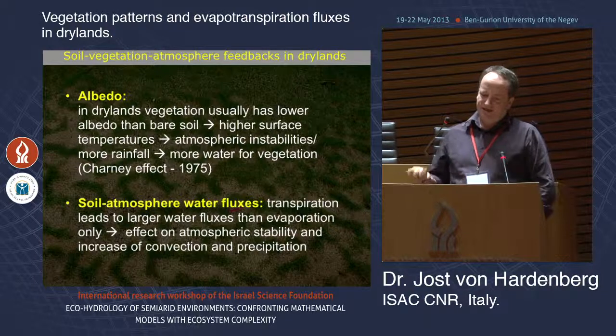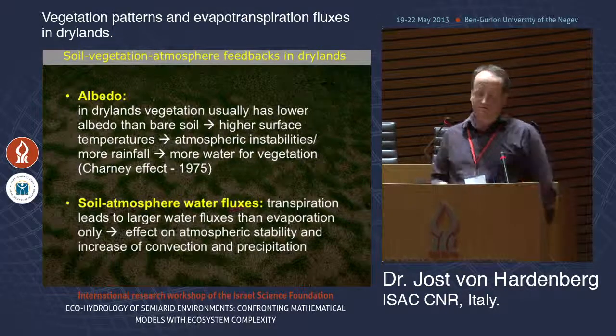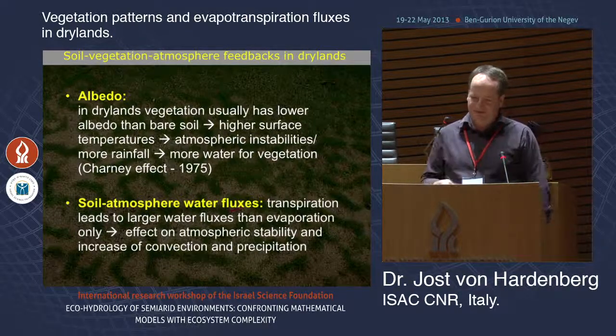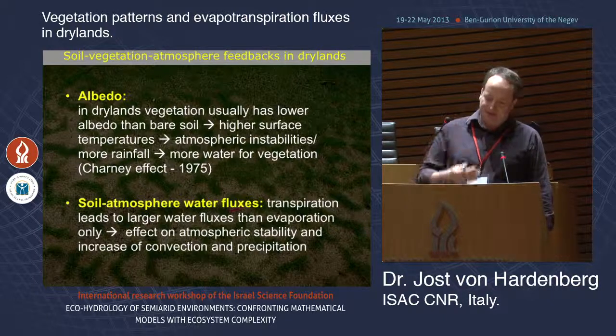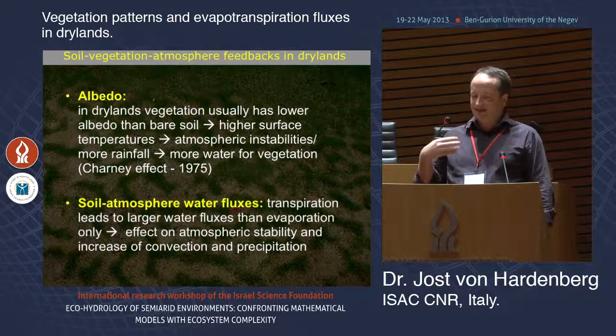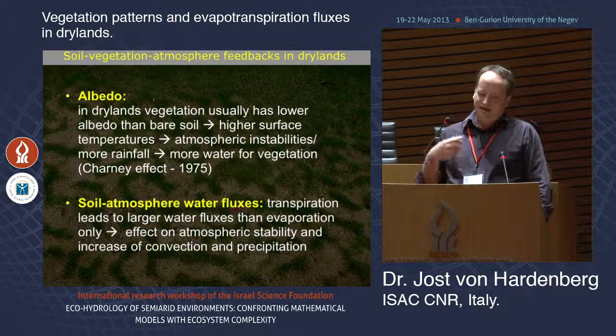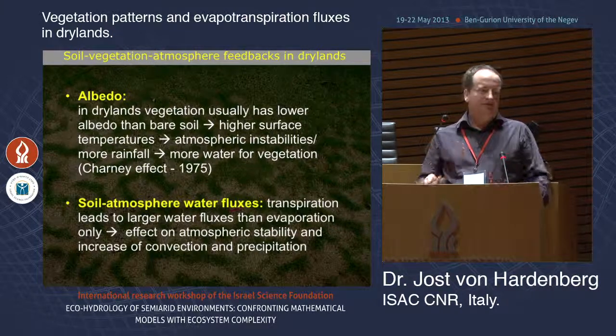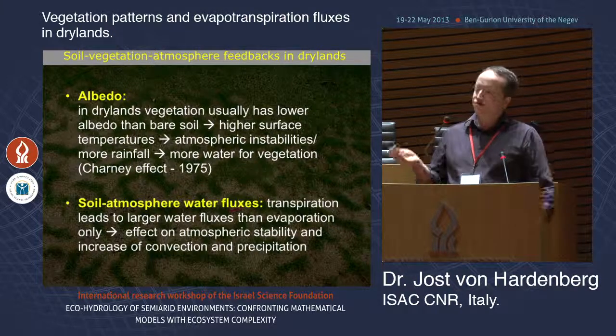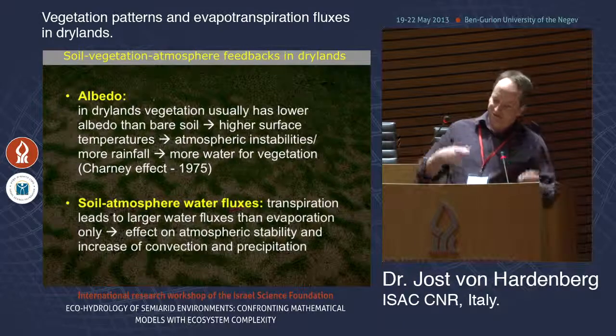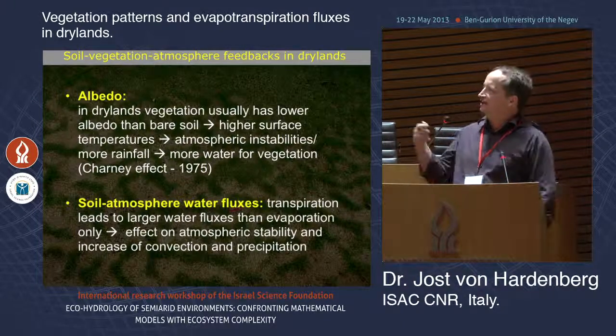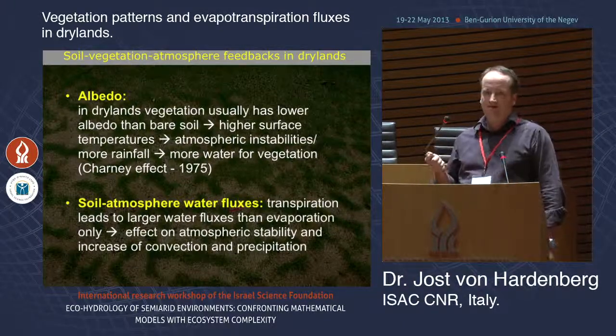And this actually can lead to higher surface temperatures, to radiative effects. These higher surface temperatures then feed back on the atmosphere, can lead to more instability, which lead to more rainfall, which in turn leads to more water, and so we close the feedback loop.